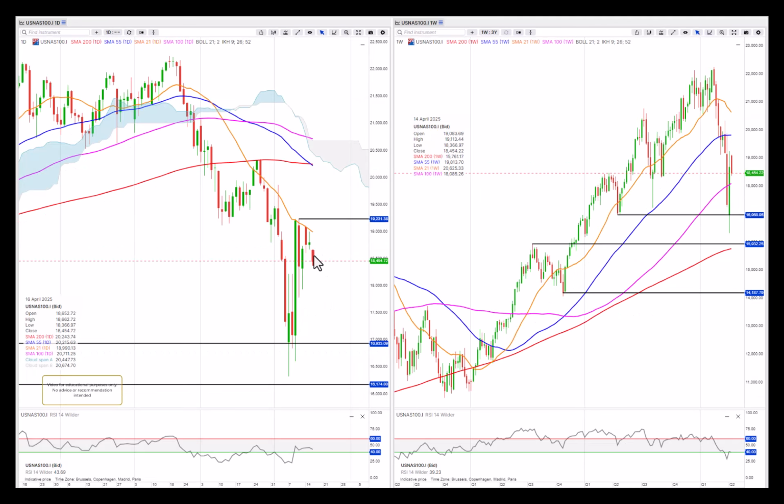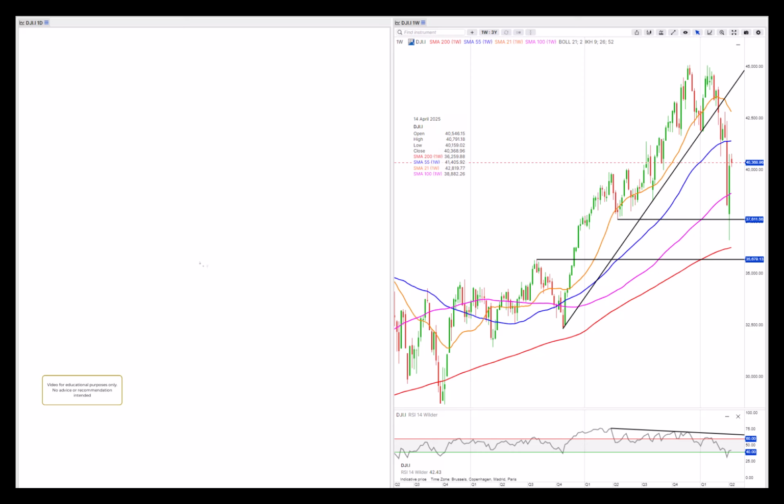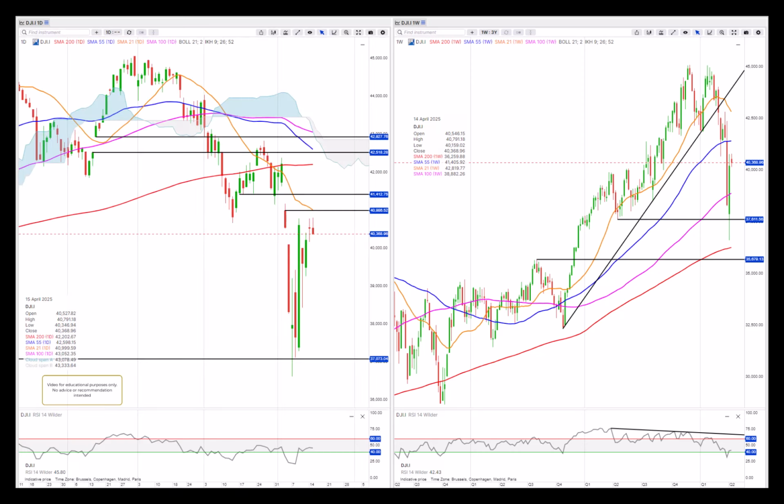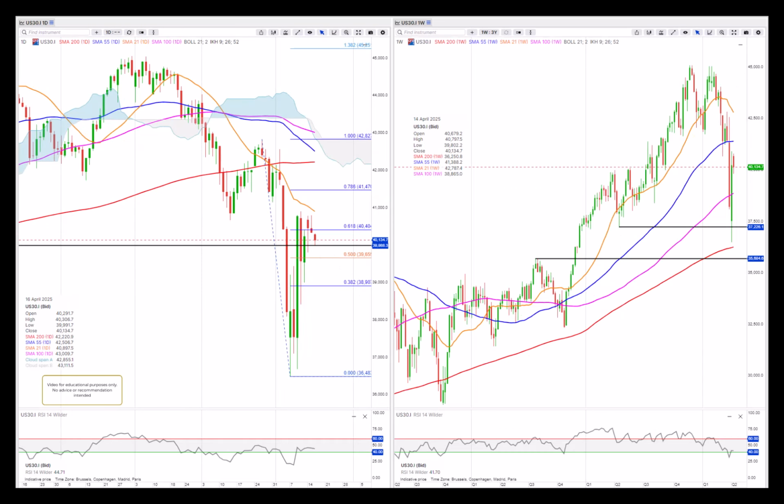Here, as you can see, is the US Nasdaq 100 CFD based on the future. It is sliding lower and needs to get back above 19,232. More or less the same picture for the Dow Jones. It needs to close this gap to 40,413 to establish a bullish trend, but here we are a little bit lower, only 0.5% though.